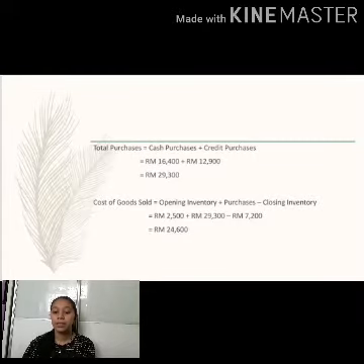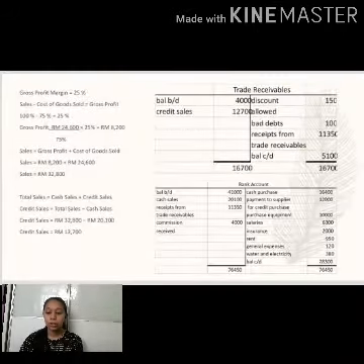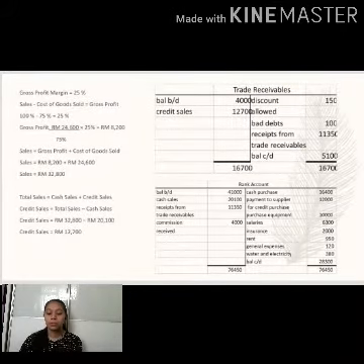So opening inventory is 2,500, then purchase 29,300 minus closing inventory 7,200. So the answer will be 24,600.